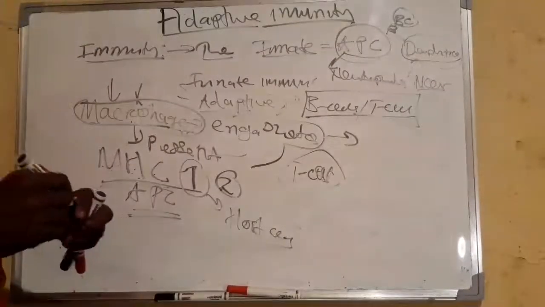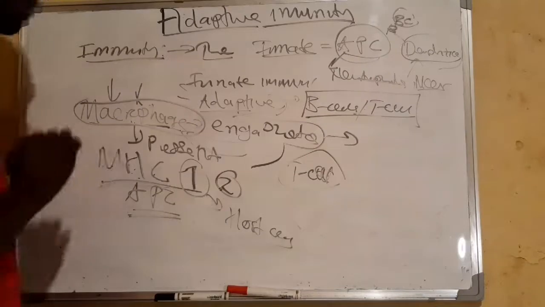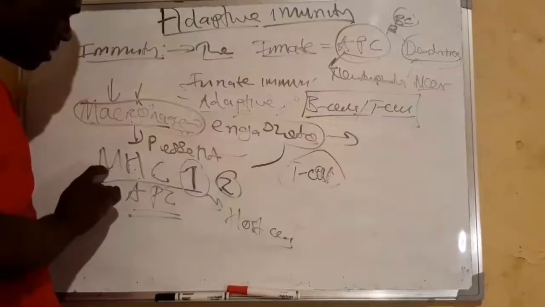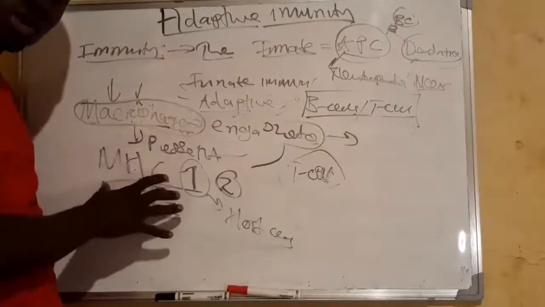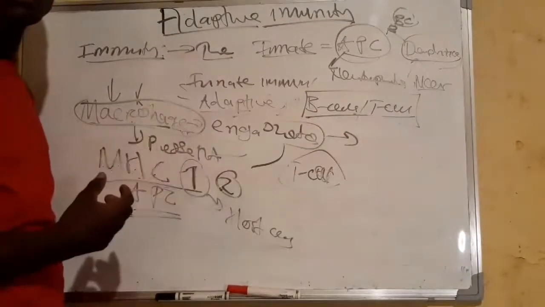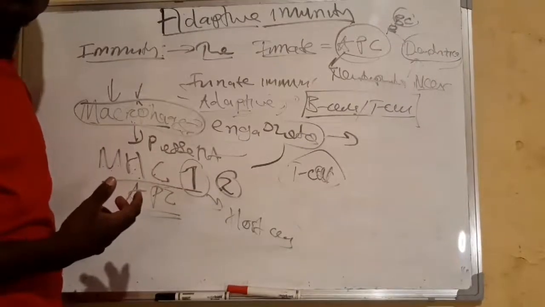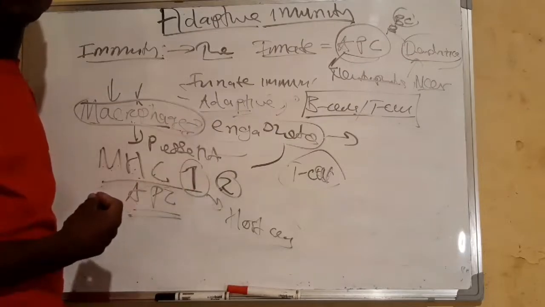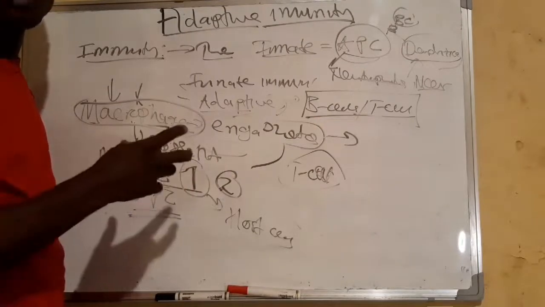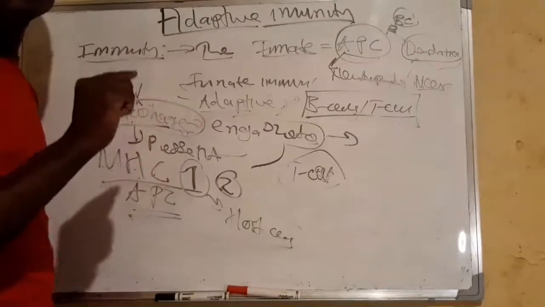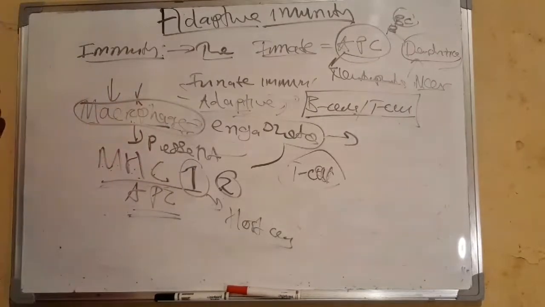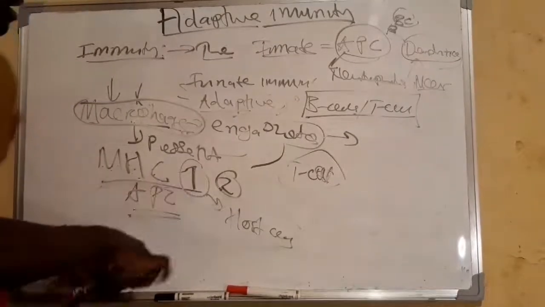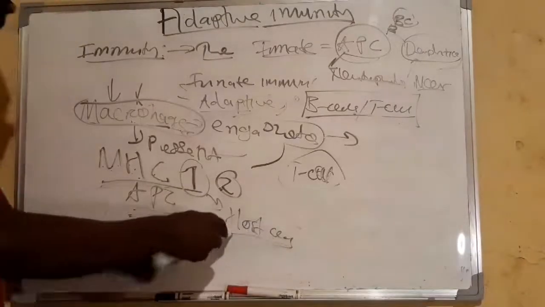Major histocompatibility in general, without considering class 1 or class 2, its role is to present the antigen, the foreign body, the peptide of the pathogen to the T lymphocyte.